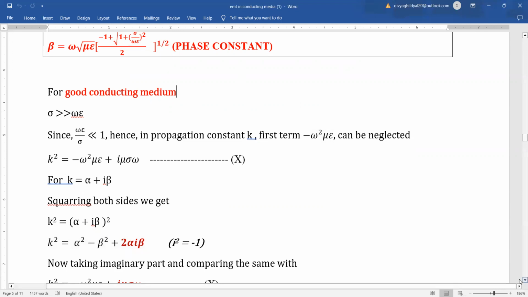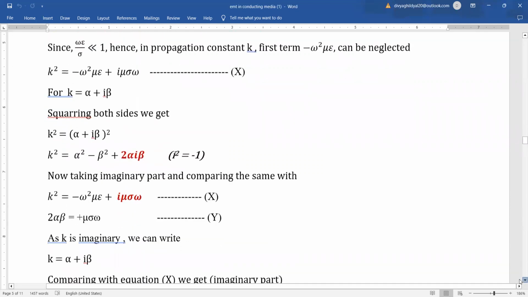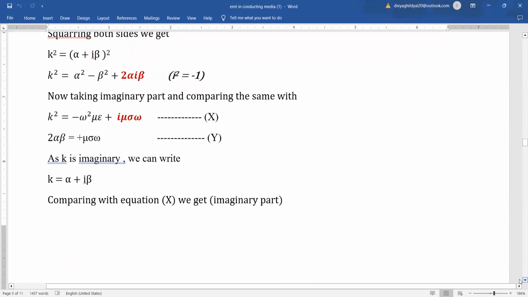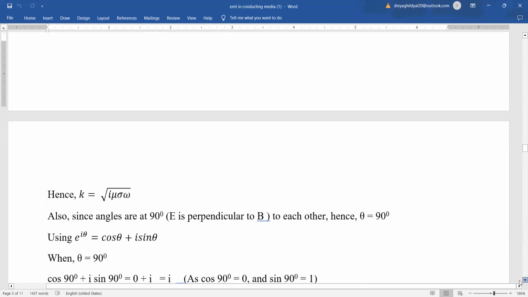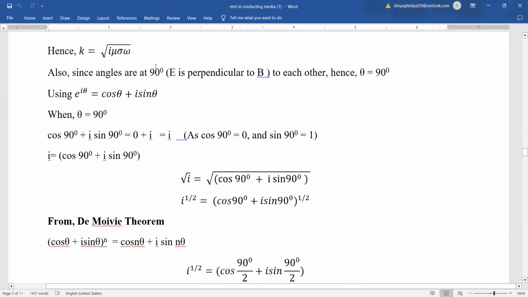Now, we take the real and imaginary parts of the above expression and we compare the same, because K is complex in nature. So when we compare the real and imaginary parts here, we get K equal to under root i mu epsilon sigma omega.